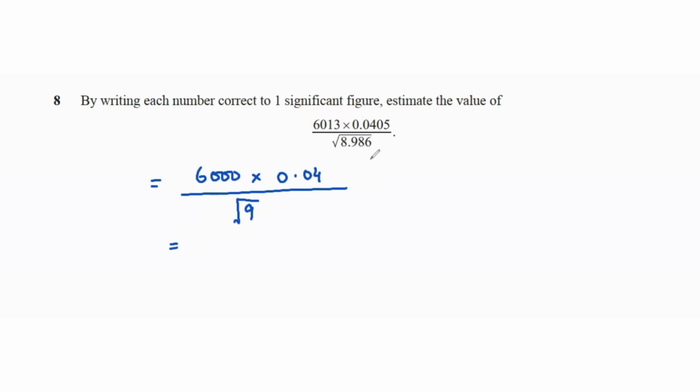So 6000 times 0.04 would be, we move the decimal 2 places and cancel out 2 zeros. So that's 60 times 4 over 3. 20 times 4, because 3 ones are 3 and 3 20s are 60. So 80 is your answer.